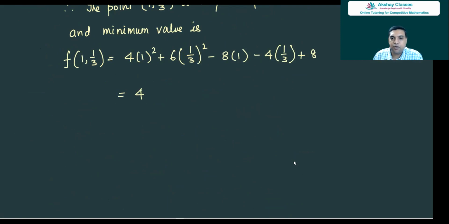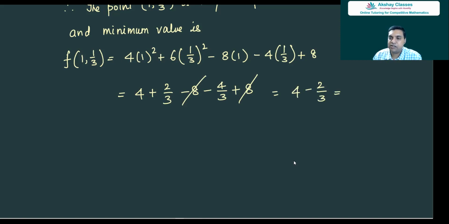So we get 4 plus 6/9, that is 2/3, minus 8 minus 4/3 plus 8. So plus 8 minus 8 cancels. So we are left with 4 minus 2/3, which is 10/3.